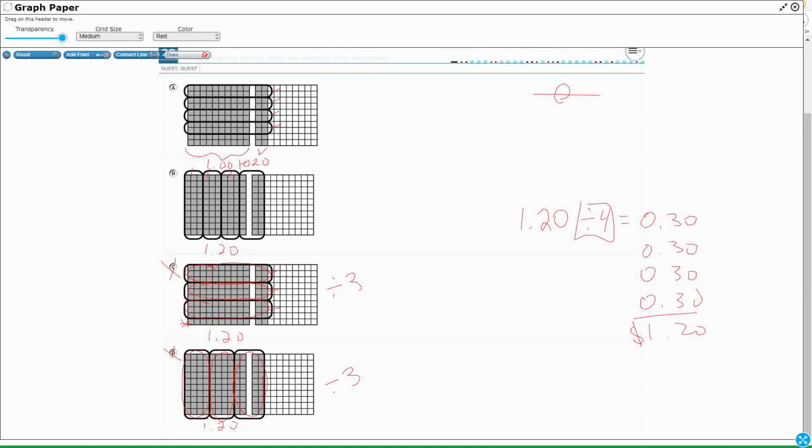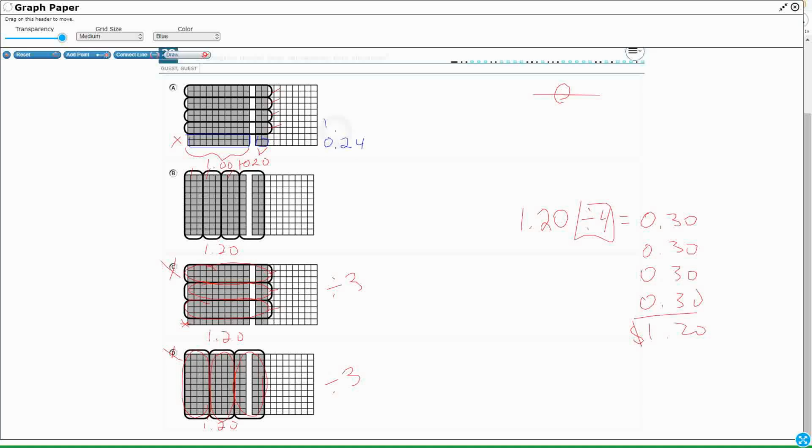Well, let's figure out what A is actually showing us. Because take a look. I've got 2 rows down there that do not seem like they're included. And so this, let's see what this row is going to be. This row is a full row, right, of 10, 20, okay? And then this is 4. So this is 24 hundredths short of what it needs to be. They didn't include this.